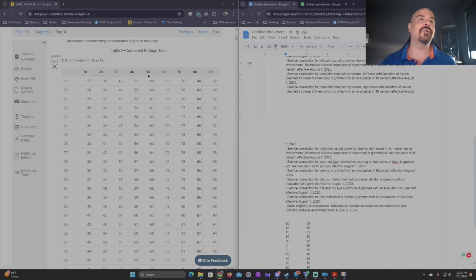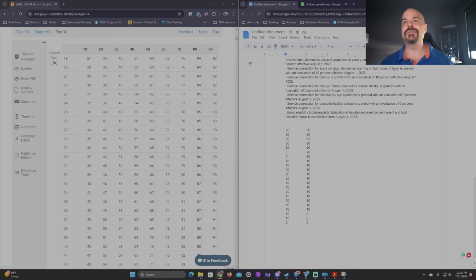So on the combined rating table, it tells you that you need to organize from most severe to least severe and put them in order to use this table. So I went ahead and took the liberty. This is how they came down. These are the percentages that I put them into. Okay, so they're just in order.